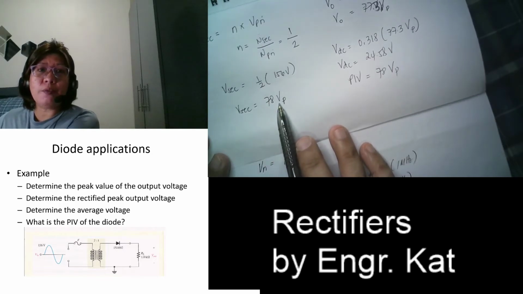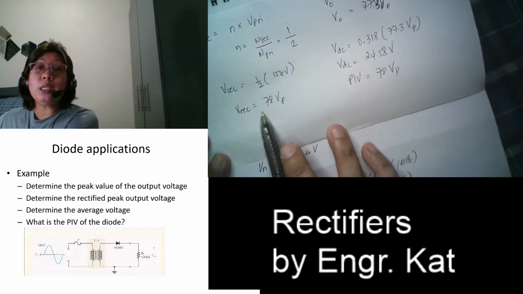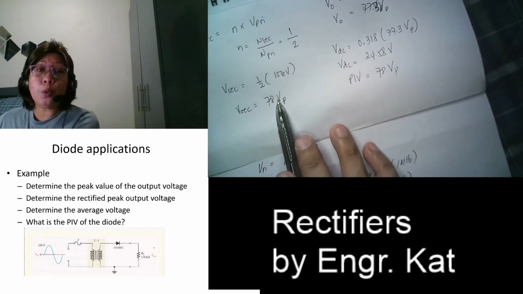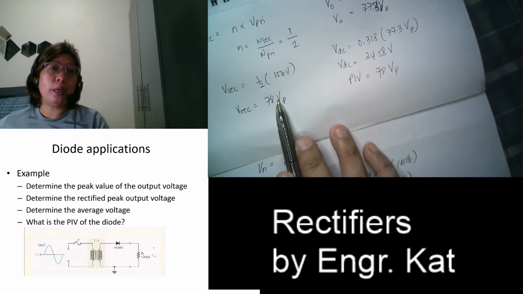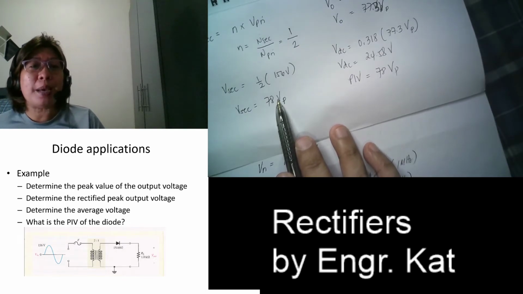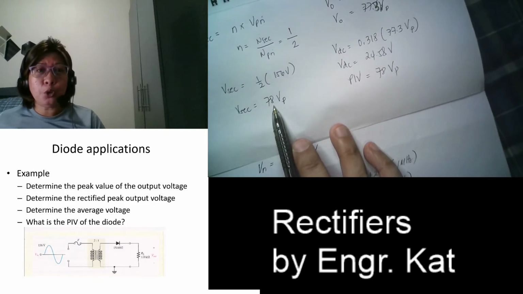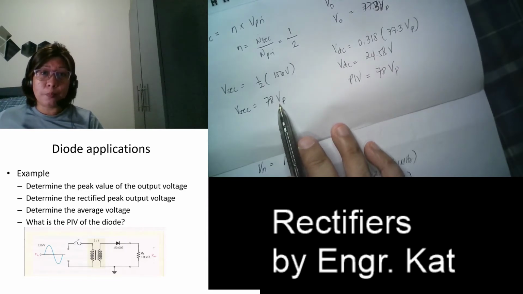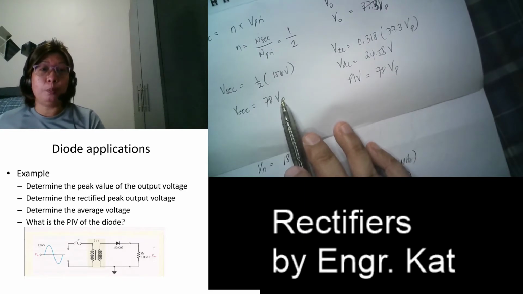That will give us 78 volts peak. So this is the peak value. Okay. So this is the one which will be applied to your rectifier diode. So during positive half cycle, that will have positive 78 volts, and during the negative half cycle, that will give you negative 78 volts.